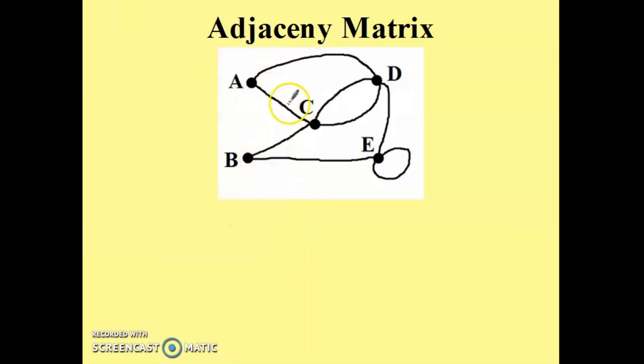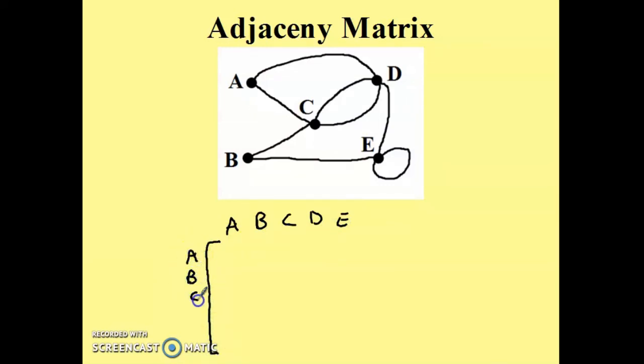All right, so let's look at one more with that adjacency matrix. This time it's 5 points. A, B, C, D, E, 5 vertices. So we will need a 5 by 5.